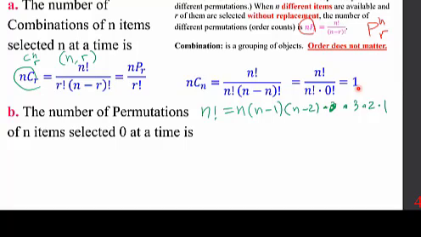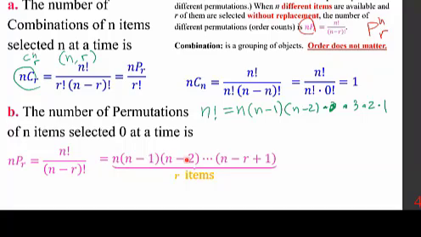As far as the permutation is concerned, we follow the formula n factorial over n minus r factorial. We want to choose 0 out of n, therefore we keep the n unchanged and we change the r to 0 here. And this is another way of writing it, by the way: all of those items all the way to n minus r plus 1.